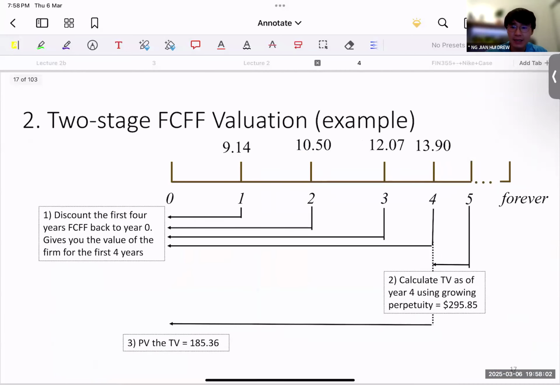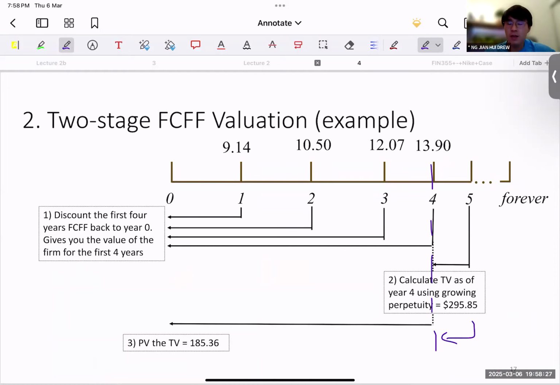So why not year 5? I'm guessing we say why not discount it 5 years, right? You just need to be very careful here. Because remember that the terminal value here is in year 5.